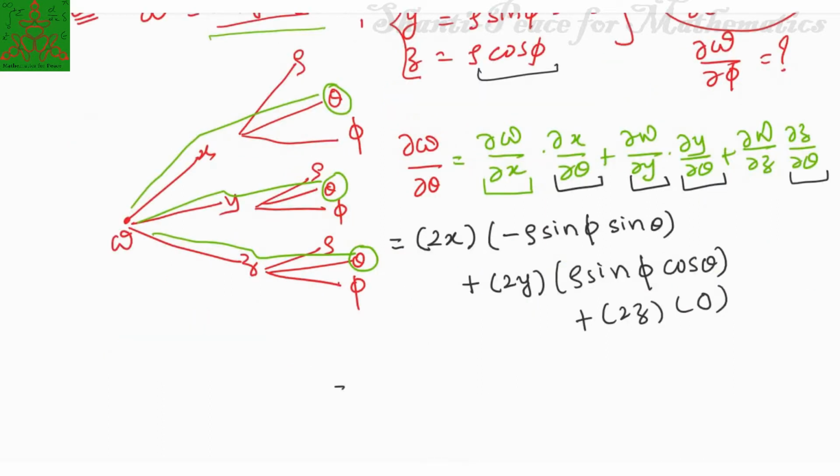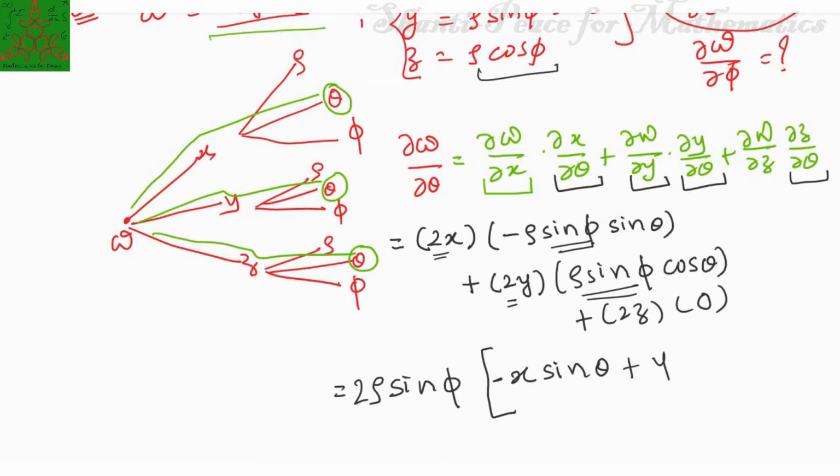So finally you will have rho common, sine phi is also common from this quantity, and 2 is also common. If I take this 2 common, inside the bracket you will have minus x sine theta plus y cos theta. But if you just substitute the value of x and y here, then you will have 2 rho sine phi.